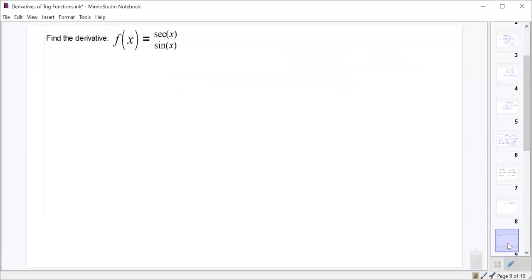All right. Secant x over sine x. Again, a quotient rule problem, yeah? So f prime of x should be sine x times the derivative of secant x, which is what?